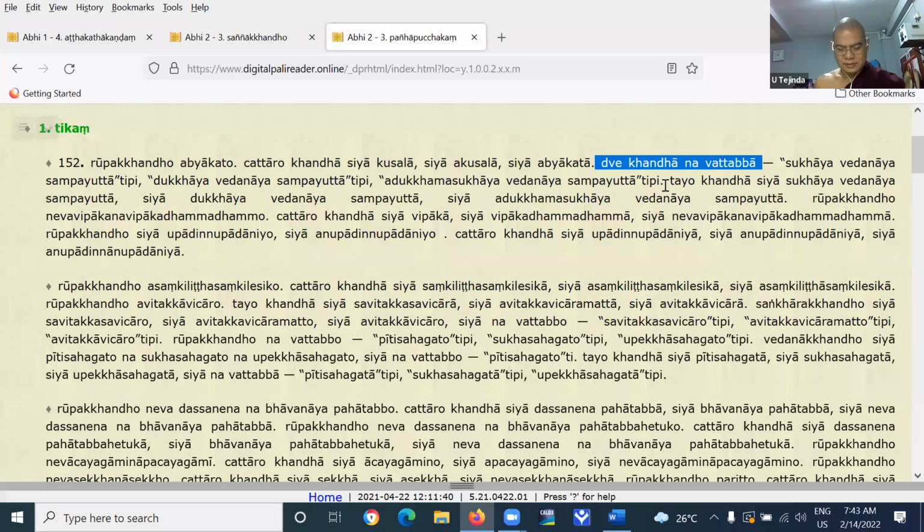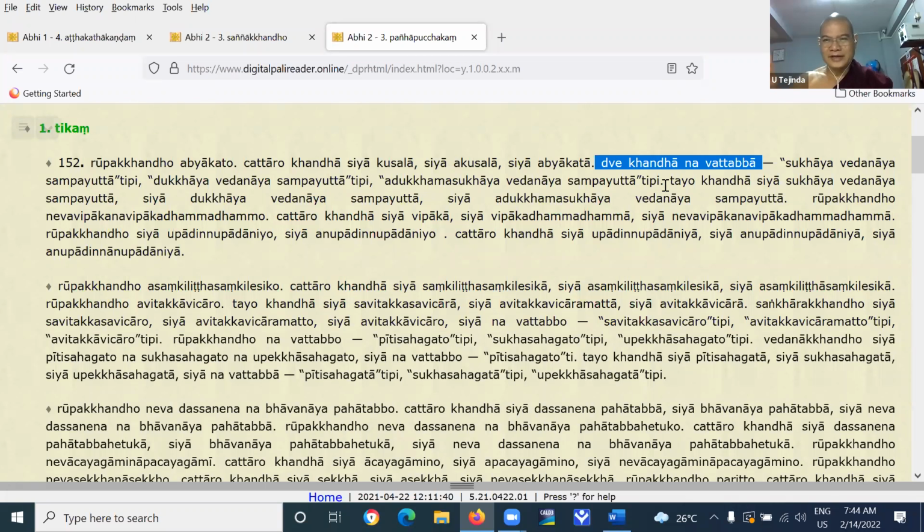I don't know. It means what he says is that among the five khandas, two of them should not be associated with sukhaya vedana, dukkhaya vedana. Okay, so rupa khanda should not be that. Yes, that's correct. And then what is the next one? So it's vedana khanda also. Yes, the vedana cannot arise together with the vedana.